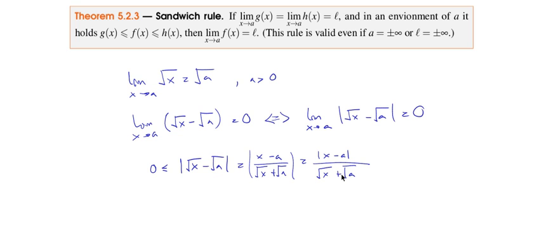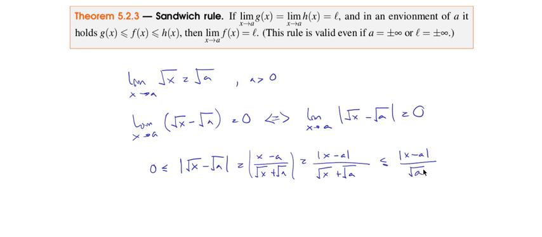Okay, we have this. Now this is going to be smaller than, because the square root of x is going to be positive around or close to a, because a is positive. So this is smaller than this, okay. When the denominator is greater, this is smaller.